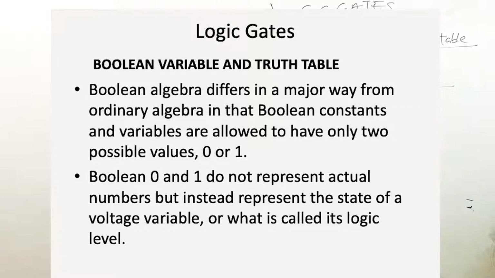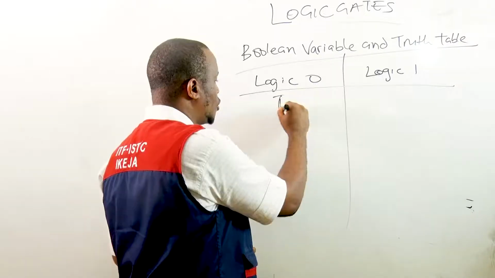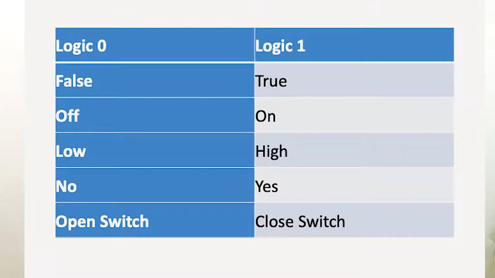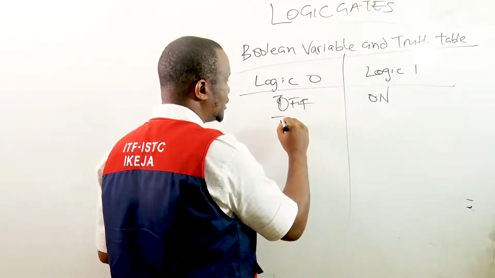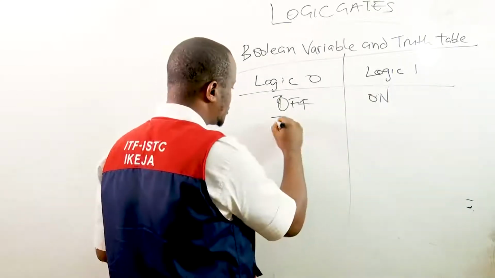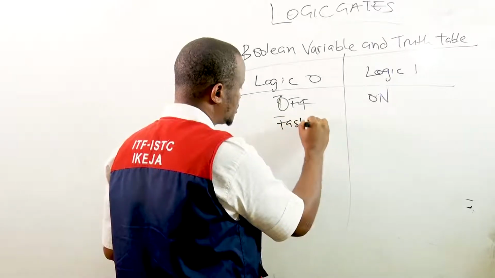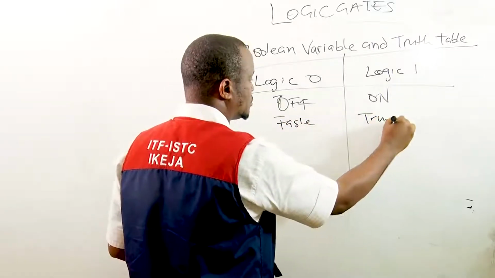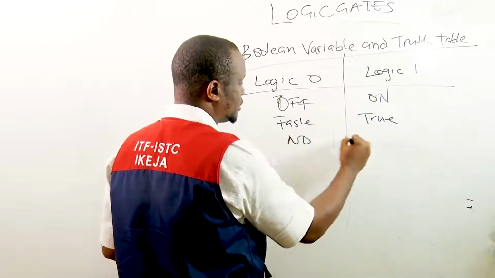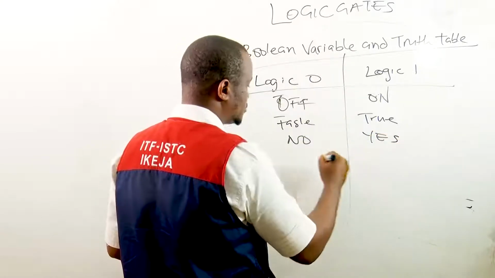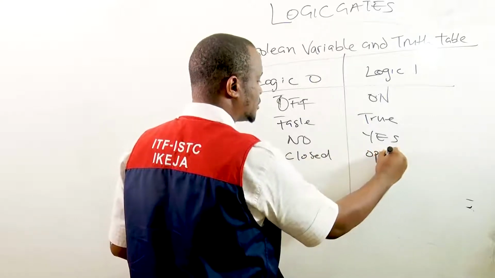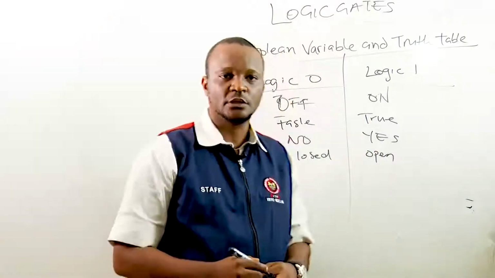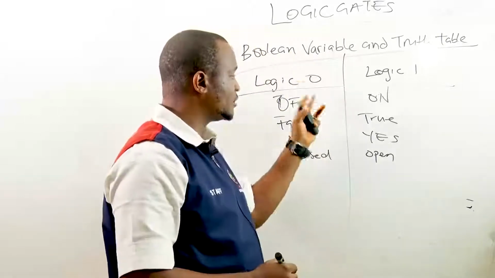This 0 could mean off, and 1 is on. It could be false and true, no and yes, closed and open, and so on and so forth. These are what we mean by different logic levels.